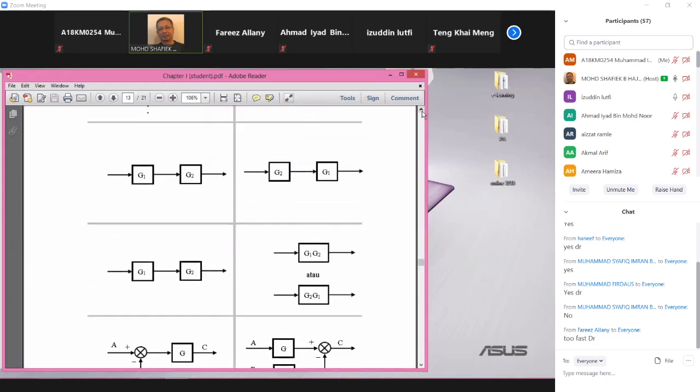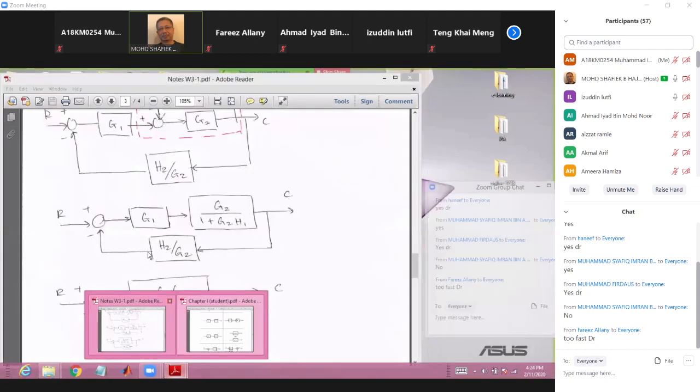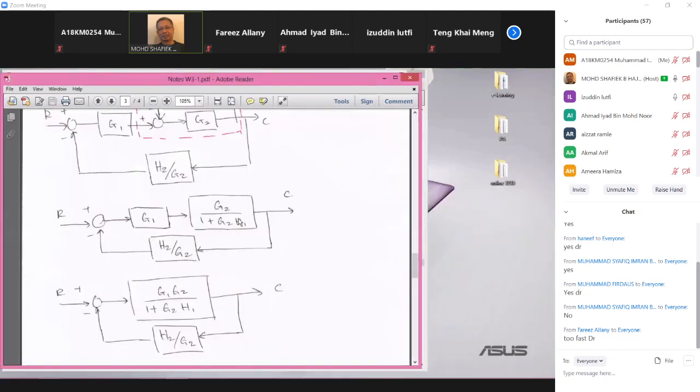There. So two blocks in series, you can just multiply the two blocks together. So we can simply multiply G1 with G2 divided by 1 plus G2H1.